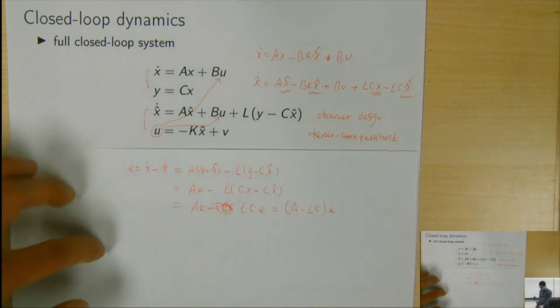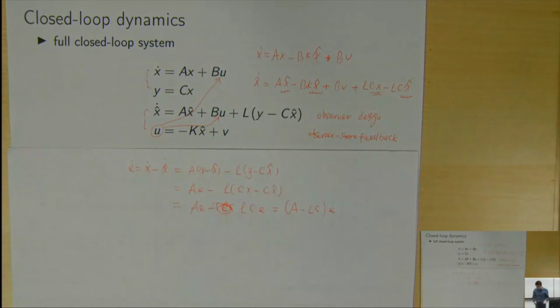So it's A minus LC times e. Exactly the same error dynamics.